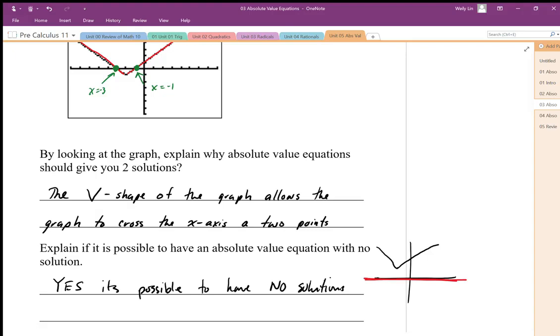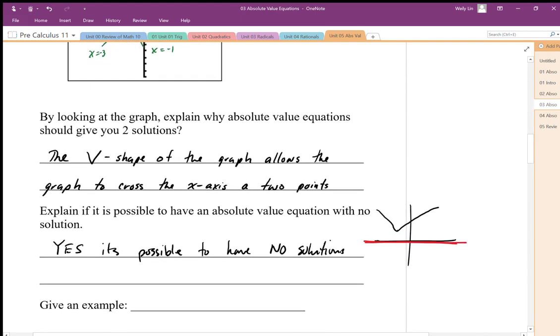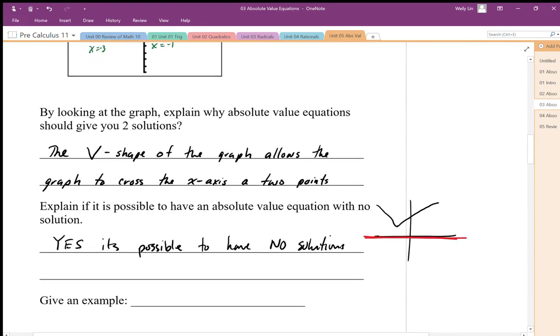Okay, so physically, that's one way you can explain things in math. If we have a physical model, we can say physically it doesn't cross the x-axis. But this is an example physically, so why is it algebraically that we could have no solutions?